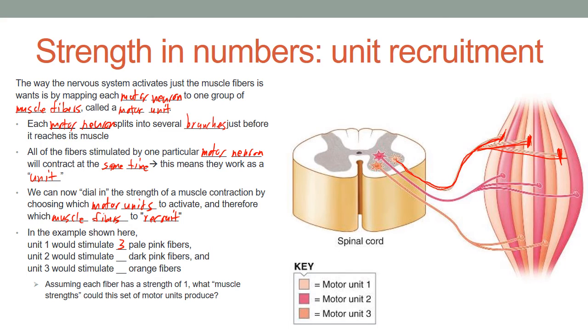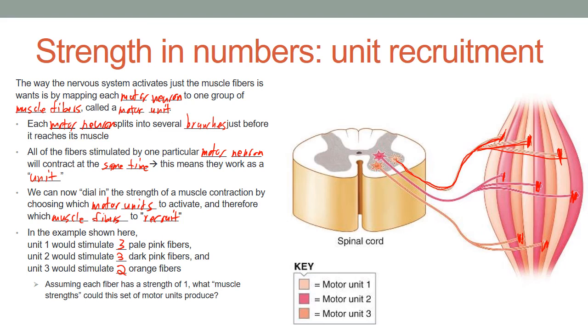Unit 2 would stimulate 1, 2, 3 dark pink fibers. And unit 3 here would stimulate 1, 2 orange fibers. So if we assume each fiber has the same strength, we'll call it a strength of 1, then unit 1 has a strength of 3, unit 2 has a strength of 3, and unit 3 has a strength of 2. So what muscle strength could we dial in on this muscle?